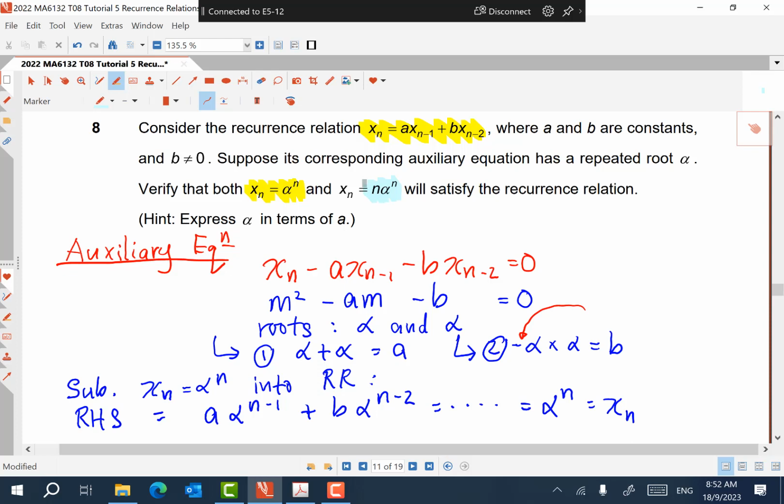You know what I'm saying? To prove the second one, the blue patch, you start off by putting xn as n alpha to the power of n onto the right hand side and show that in the end it works out to become alpha to the power of n, and then you're done.